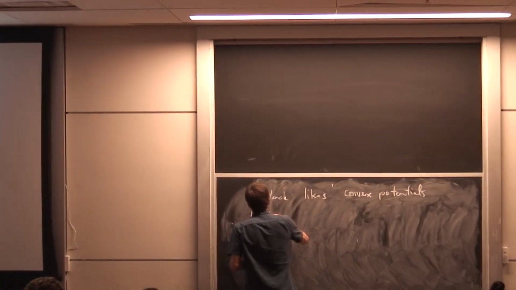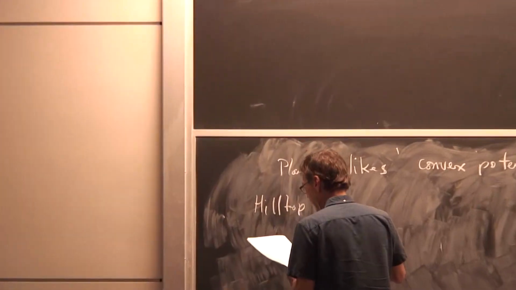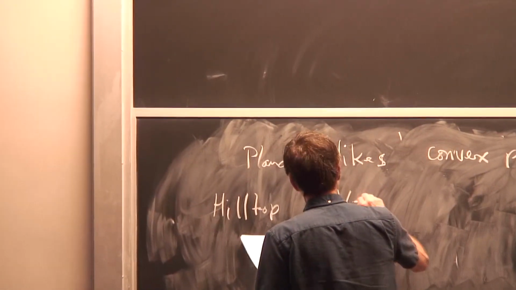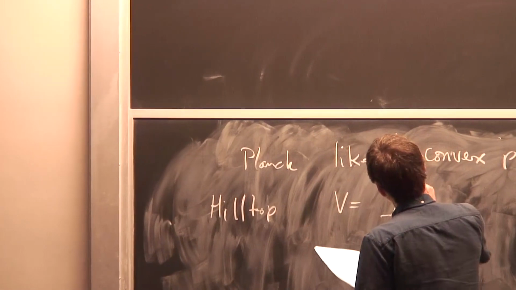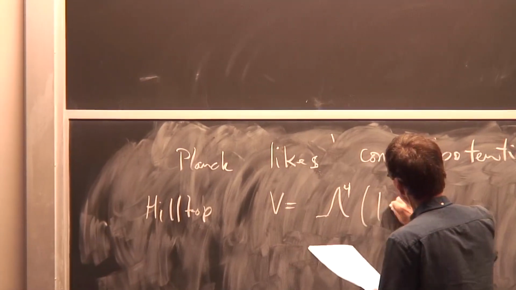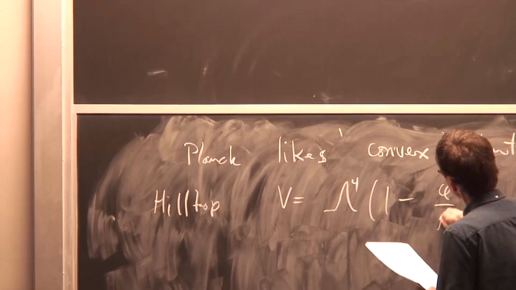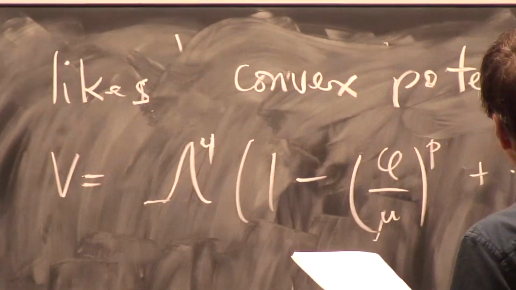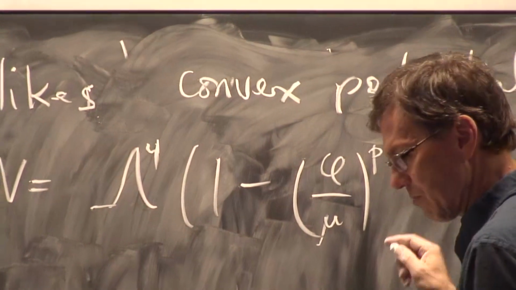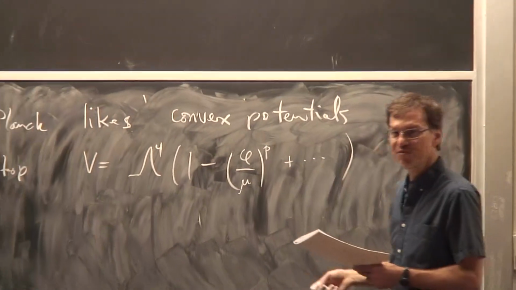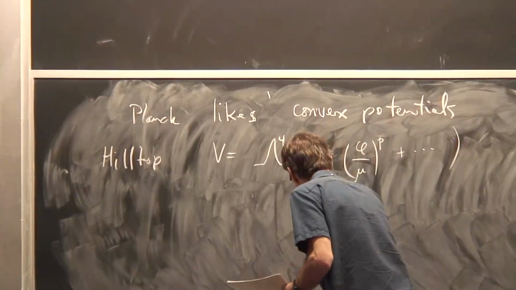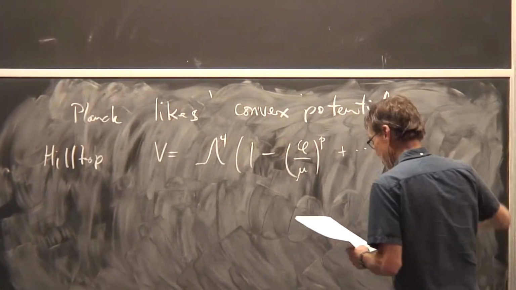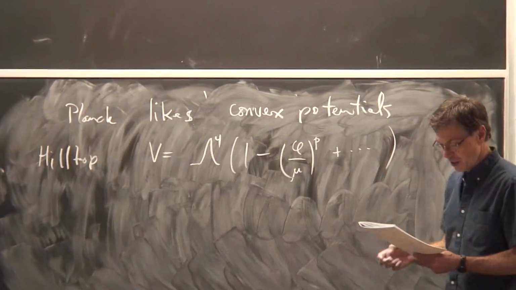So to write down the formula, Hilltop inflation would be some scale lambda to the fourth, 1 minus phi over some other scale to some power. And I'm leaving this as an exercise for you, if you care to, in the problem set that I wrote for inflation.